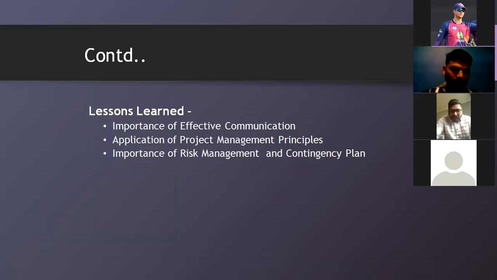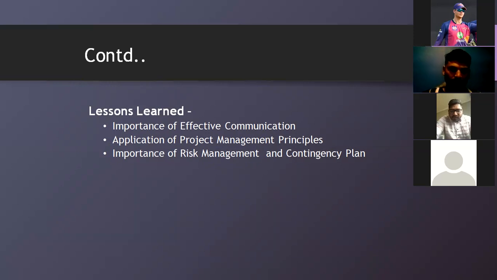The second one is the application of project management principles in the management of projects, as it helps in effective planning and management of the project.